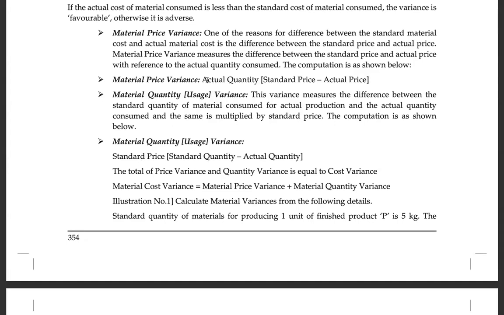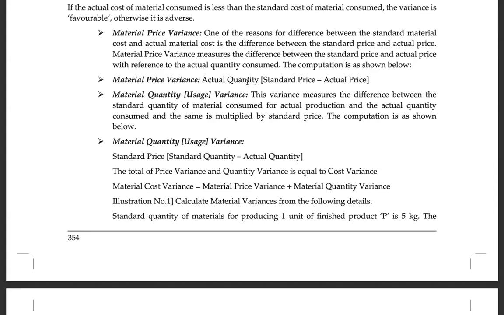Look at this. Here it is actual quantity. Here it is standard price. Here it is the difference between standard price and actual price. Here it is standard quantity and actual quantity. In place of price, you're putting quantity. That's all the difference in the brackets.